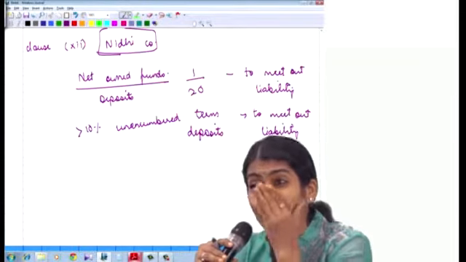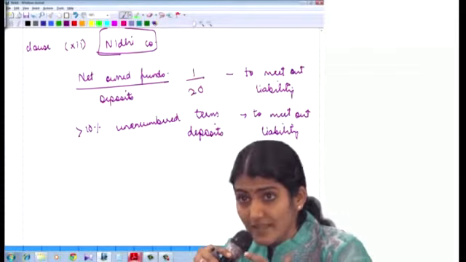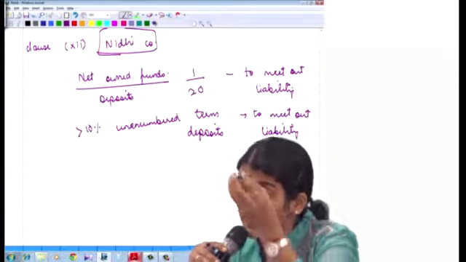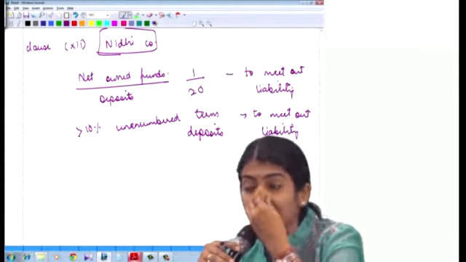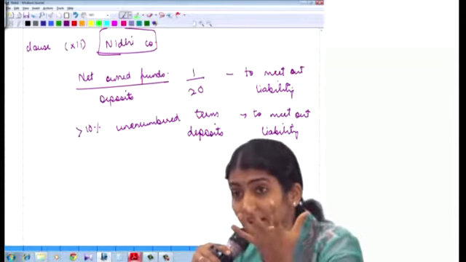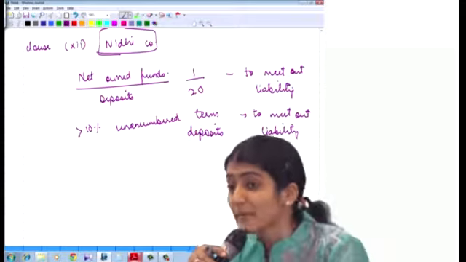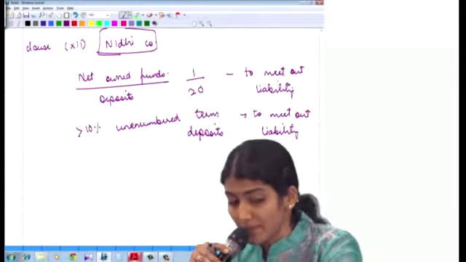Like in banks we have something called the capital adequacy ratio, CAR, the capital to risk asset ratio. Depending upon how much is the capital, there is a restriction on how much deposits and risk can be taken. Similarly, if the net owned funds of that Nidhi are 1 crore, the maximum deposits it can accept is 20 crore, to meet out the liability.